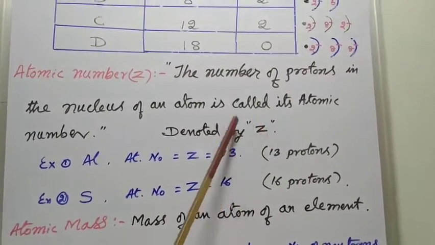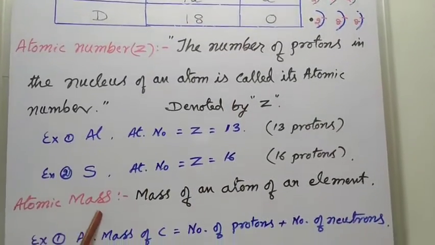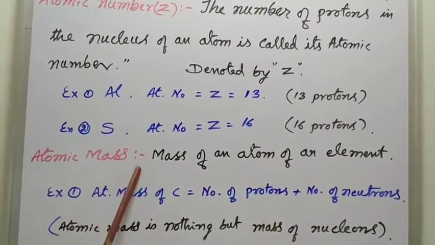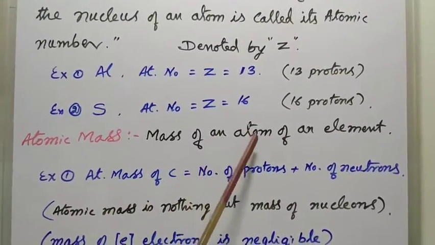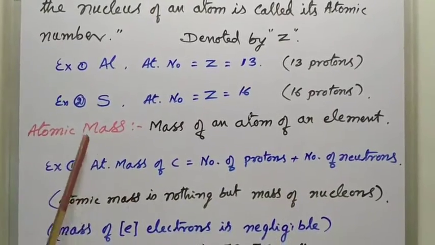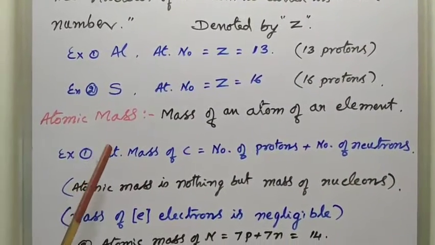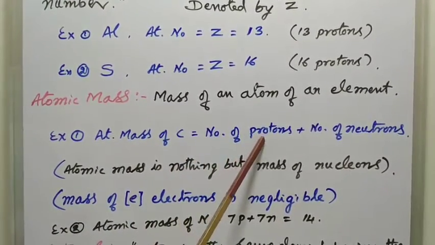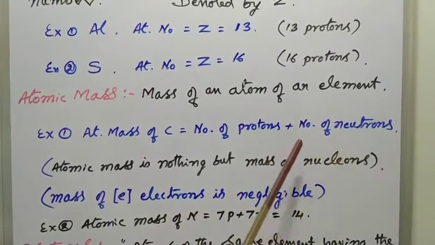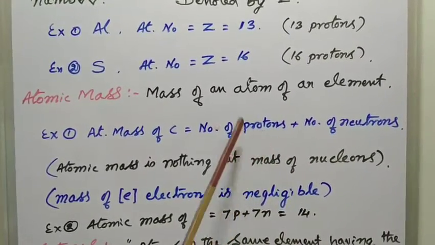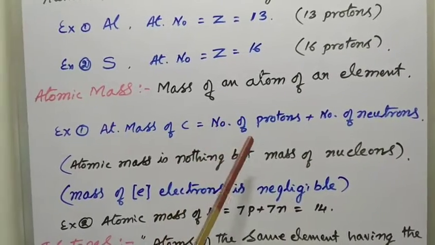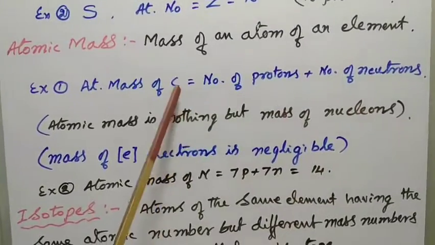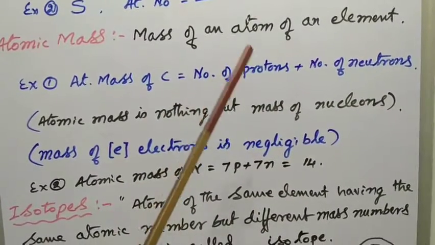That is atomic number. Now, atomic mass. The mass of an atom of an element is called atomic mass. One atom mass of carbon is nothing but protons plus neutrons of the nucleus. The carbon nucleus has 6 protons and 6 neutrons. Therefore, the atomic mass of carbon is 12.